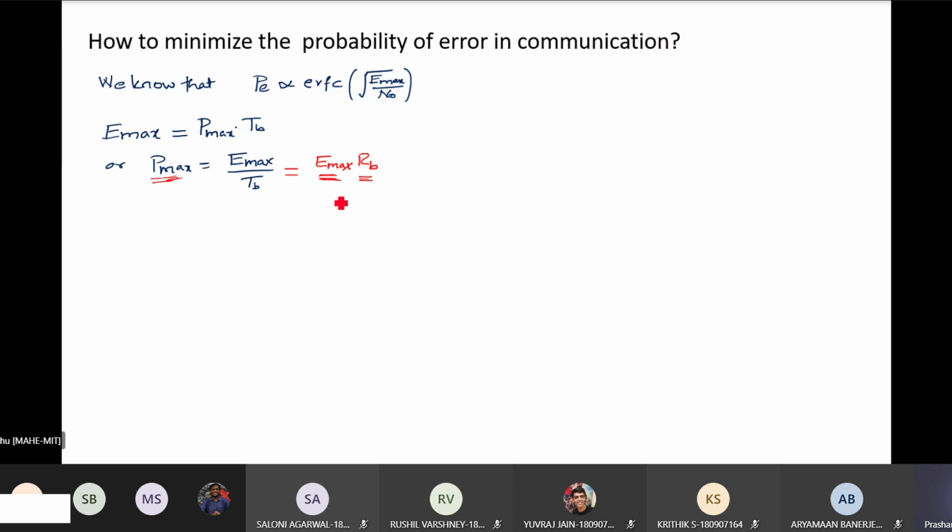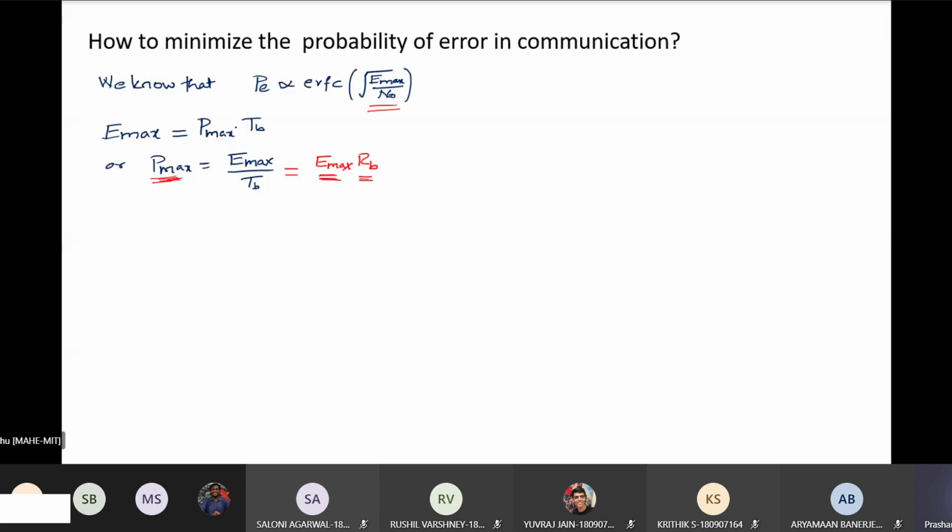What was the impression in the early 1940s? That if you want to transmit information without any error, or with minimum possible error, you need to increase the signal to noise ratio, as Yuvraj said. We need to increase the signal to noise power, but we cannot do that. So how can we minimize the probability of error?